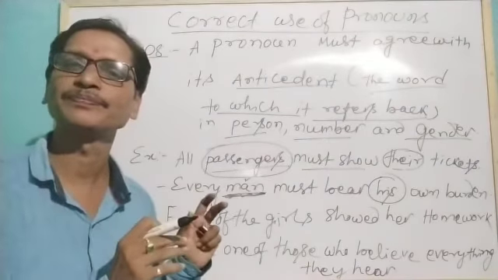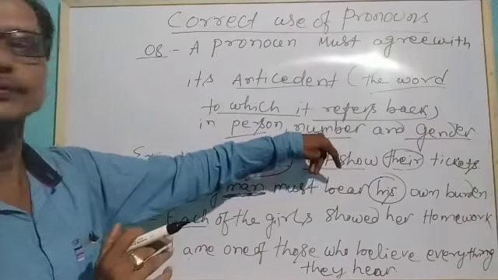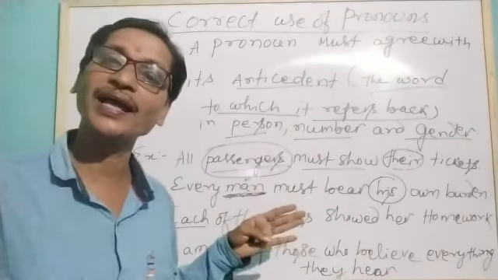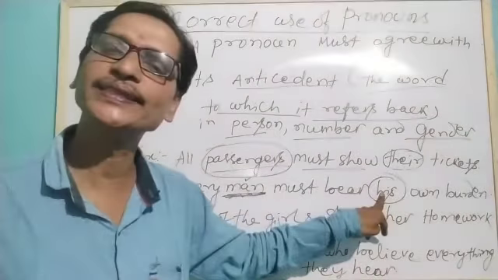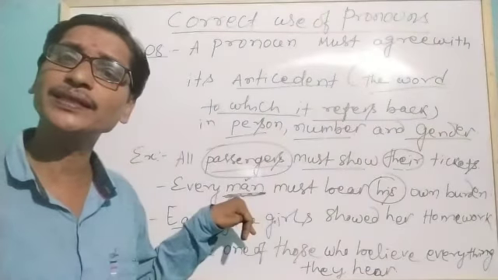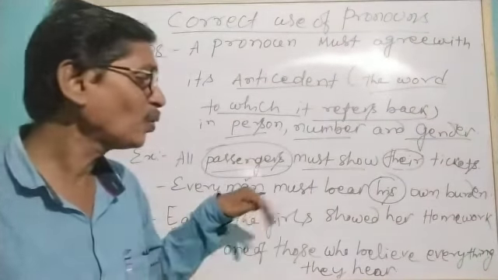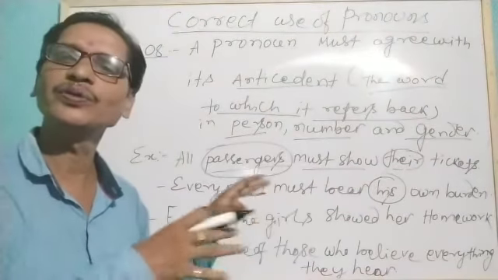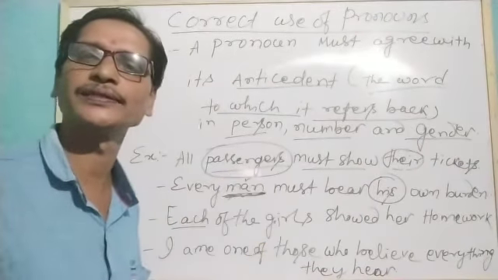Every man is a singular number person. Again its gender is male, therefore we have written his over here. Otherwise, if this antecedent refers to the feminine gender, we could have written her. Understand? So this is how we can use pronouns correctly.